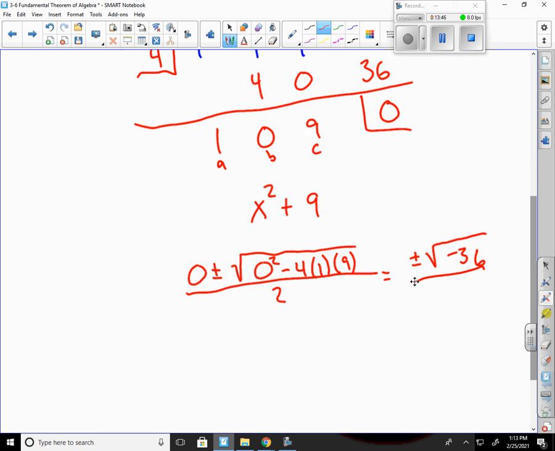Now, how do we take the square root of a negative? We would break that up. Plus or minus the square root of -1 times 36, over 2.